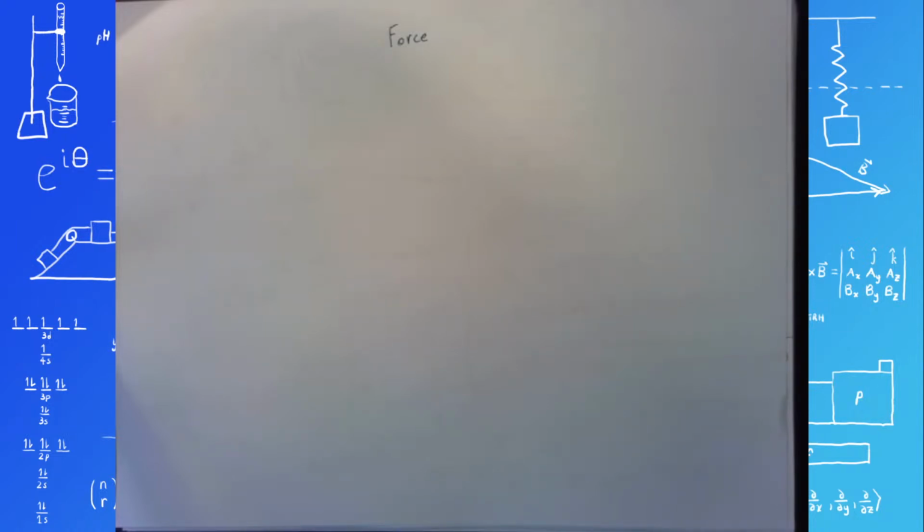Okay, force. So the plan for today is pretty much what I said at the end last time, although I think I did miss a few things. So we're going to go over, of course, definitions and all that. We're going to cover Newton's first law and probably get into Newton's second law as well. We're going to discuss a few types of forces.